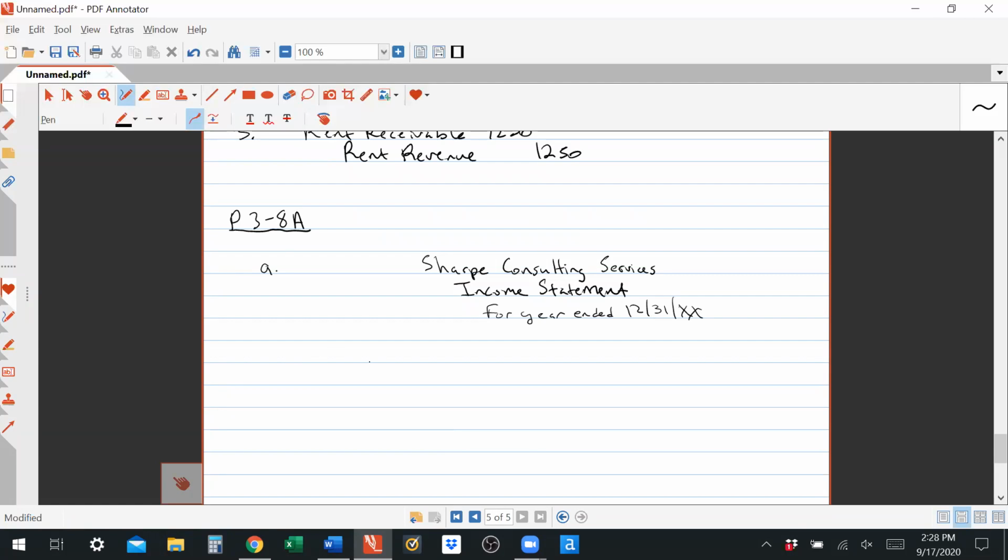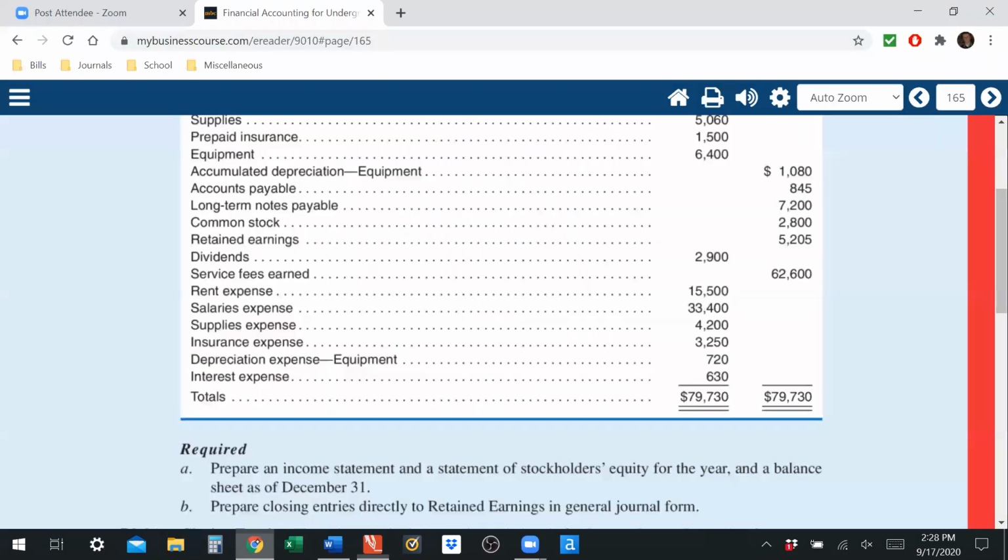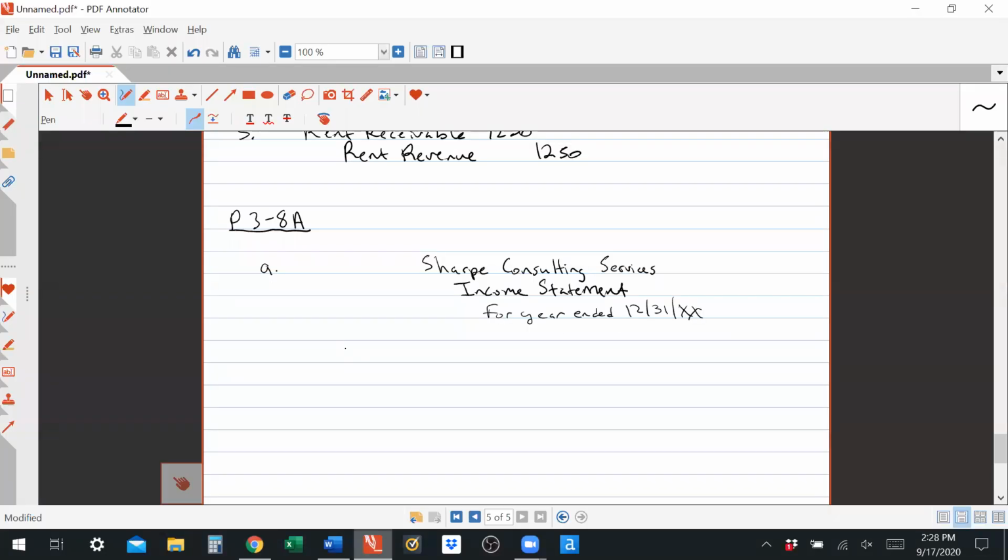Now, income statements would start with the revenues. So in this case, there's only one revenue. If you look at all these accounts, only one of these is a revenue. It's the service fees earned. $62,600 this year they've earned in service fees. So that's the revenue.